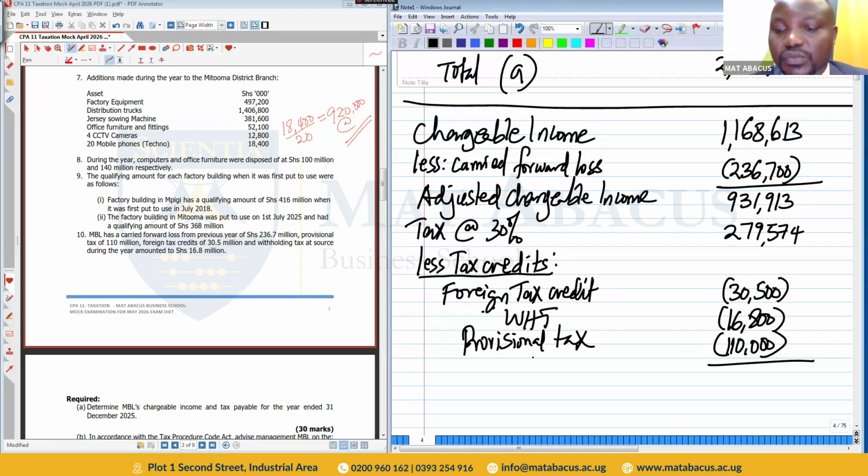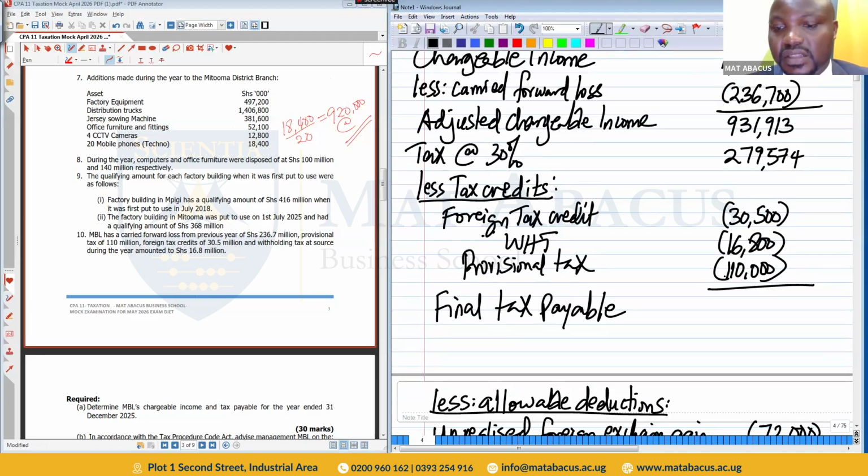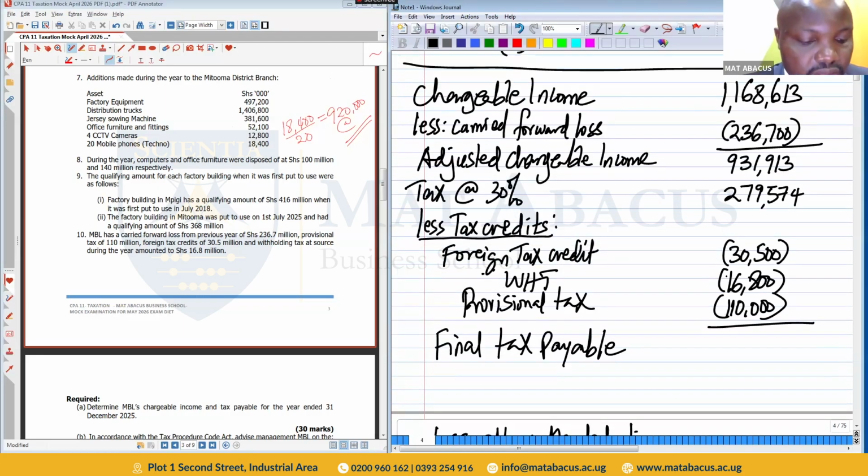It means that our final tax payable will be the tax less the tax credits. So you have 279,574 minus 3,500 minus 16,800 minus 110,000.